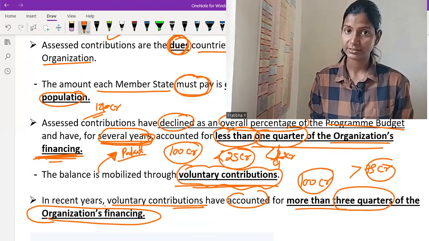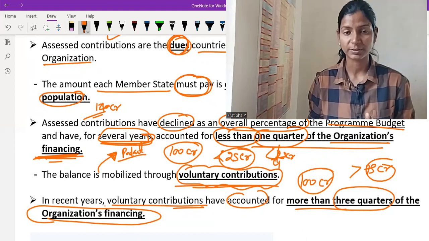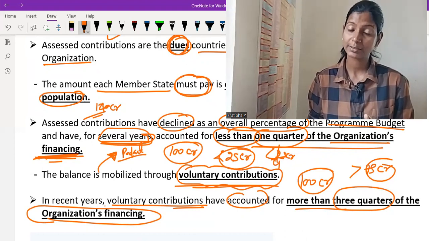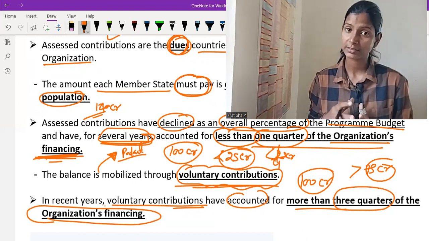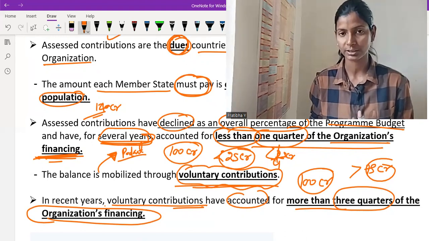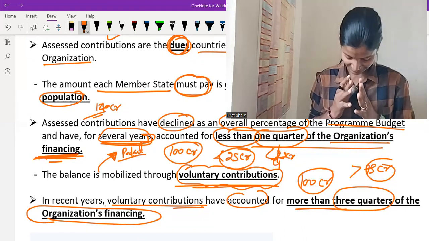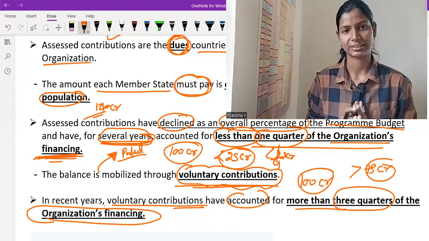For several years, less than one quarter of organization financing has come from the SS contribution. But now more than three-quarters of the organization financing comes from the SS contribution.